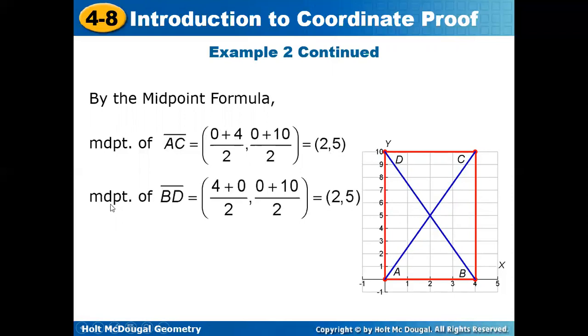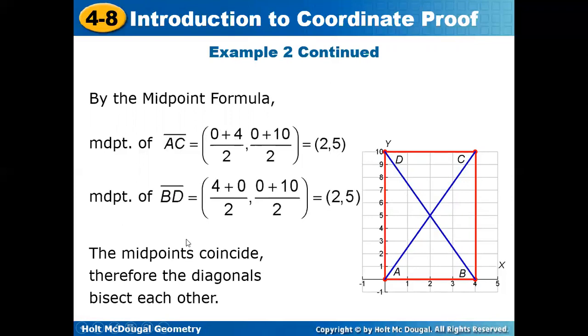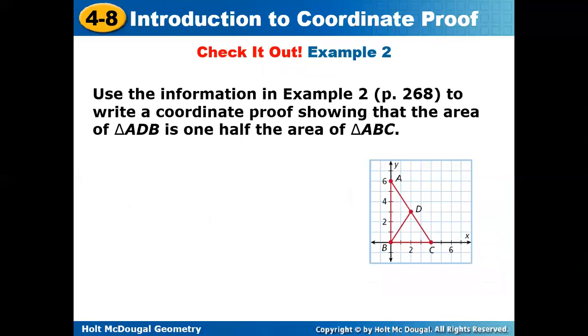And when we find the midpoint of the second diagonal BD, we will find the same point. So because the midpoints coincide, therefore the diagonals bisect each other. It's a very easy proof. Now check it out.